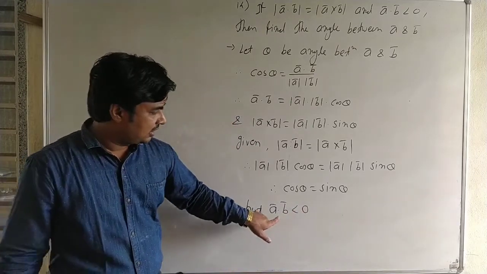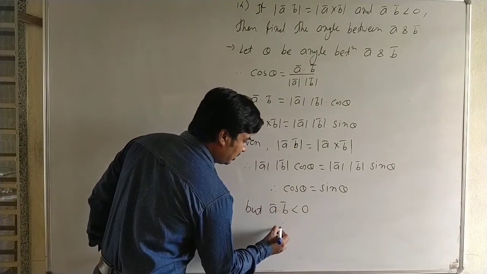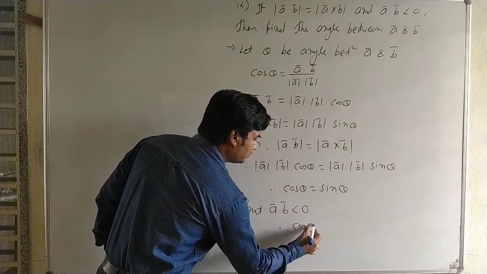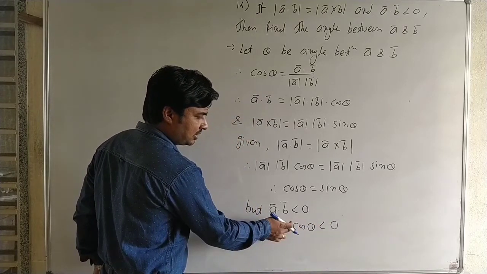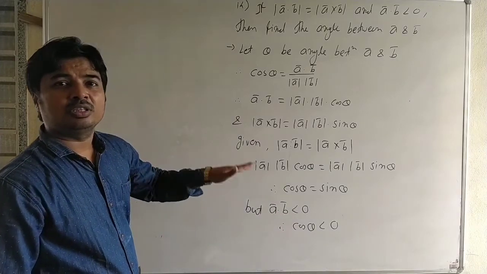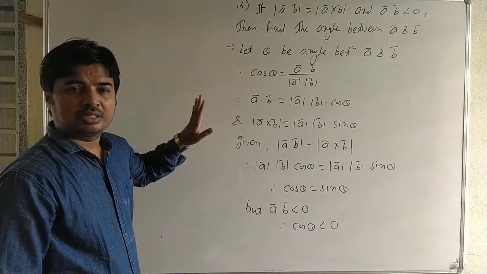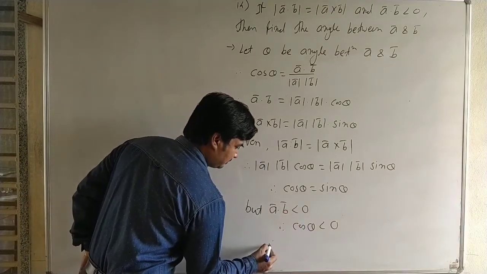Therefore cos theta is less than 0, that means the value of cos theta is negative, and cos theta is negative in the second and third quadrant. Therefore theta is obtuse.